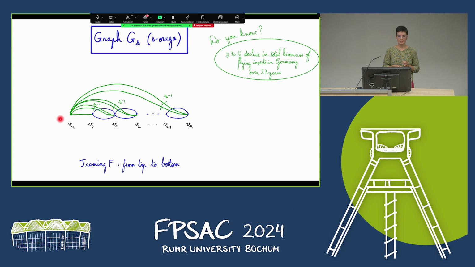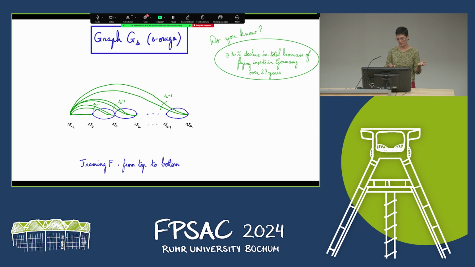And we add an additional source vertex linked to v_0 and s_{i-1} source edges going to the vertex v_i. So here we see that we really need the s_i's to be at least 1 for our construction to work. And we read the framing also from top to bottom, so always the top edge first, then all the source edges, then the bottom bubble edge.